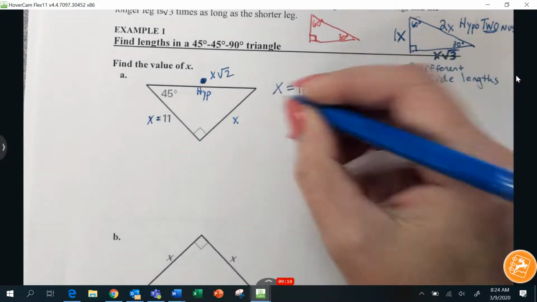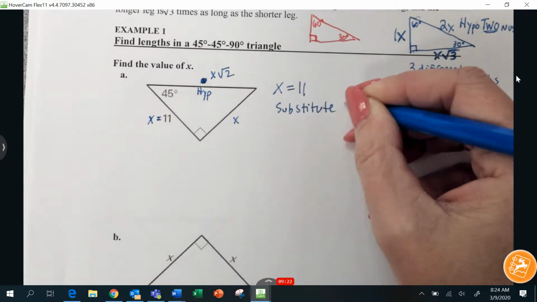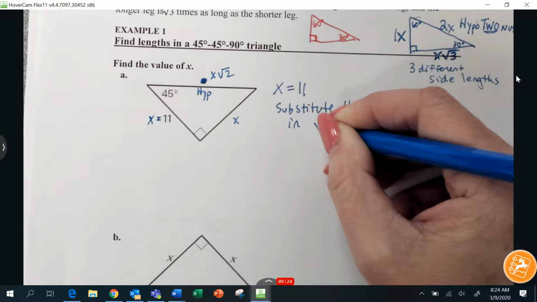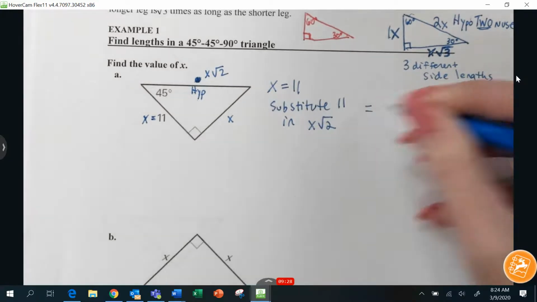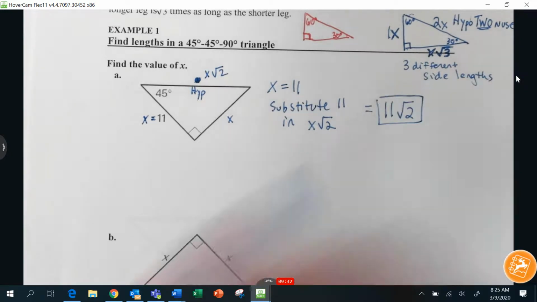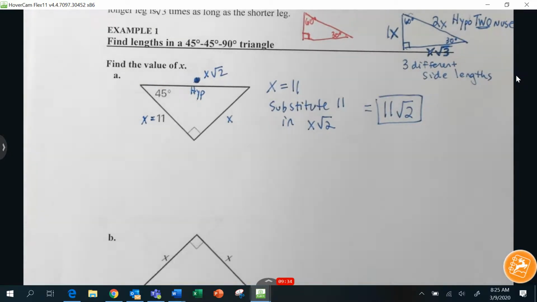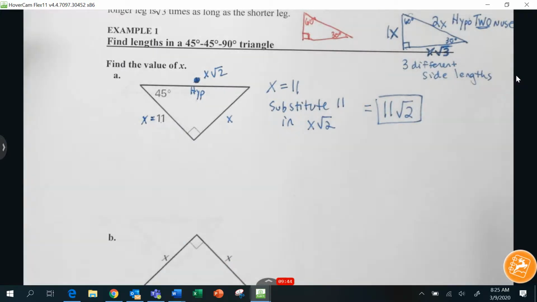We're going to substitute 11 in x square root 2, and guess what we get? 11 square root 2. That's it. That's all I have to do. Just put it right there. I did not have to do Pythagorean theorem. That was it.